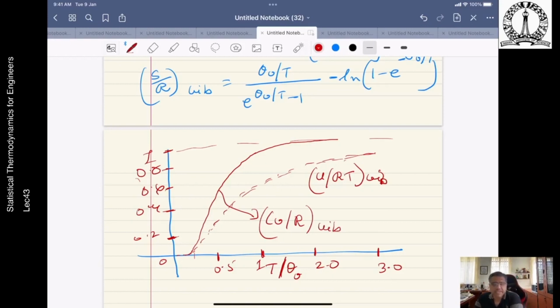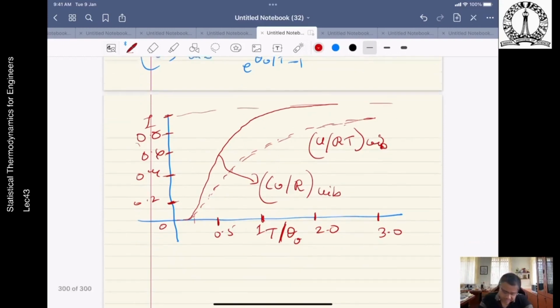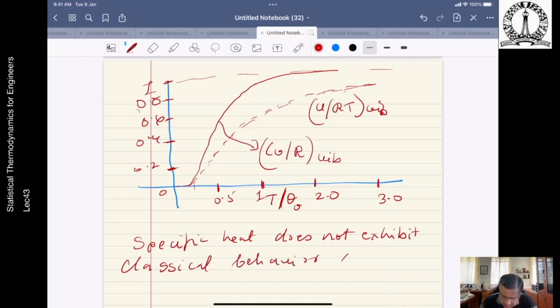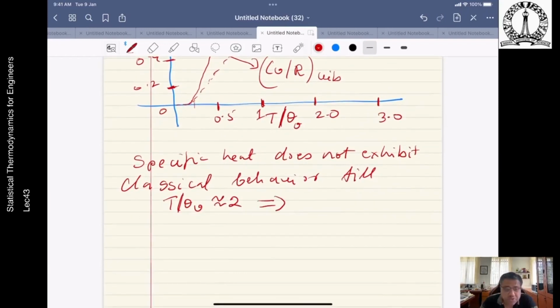As you can see, the specific heat does not exhibit classical behavior till T by theta V is equal to 2, which corresponds to T almost equal to 2000 Kelvin.